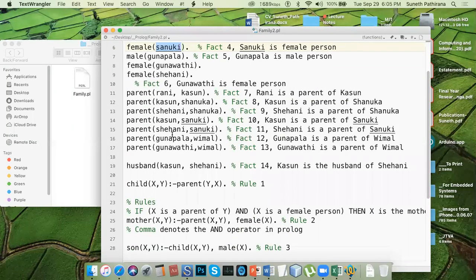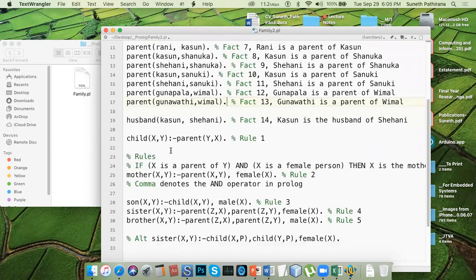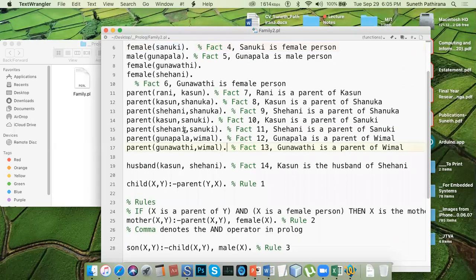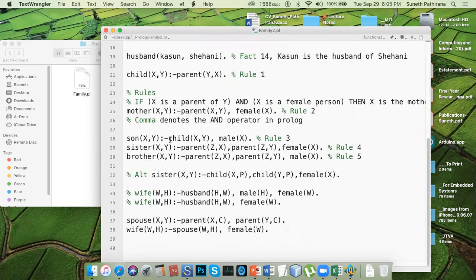You can put the actual names of your family members instead of these hypothetical names. If you are a Tamil guy, you can substitute the corresponding Tamil names.